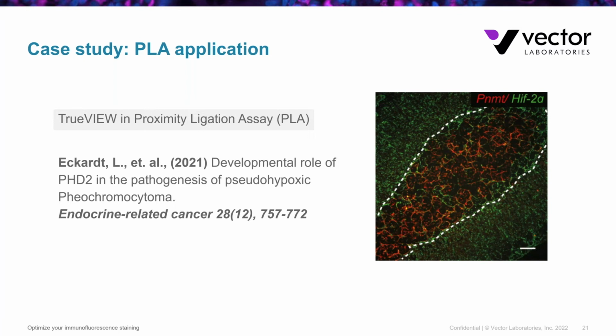Indeed, I was talking with some colleagues yesterday who are developing some PLA assays and are struggling with the autofluorescence issue that we've been describing. So I did find a publication whereby some investigators did use TrueView in this given platform, and it gave them a nice, clear result.